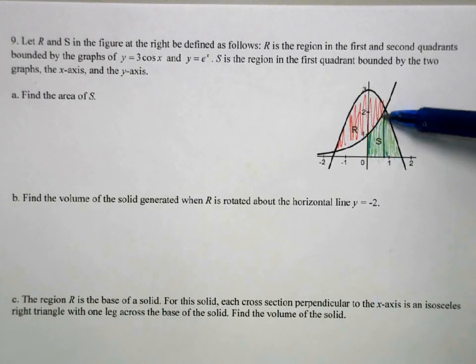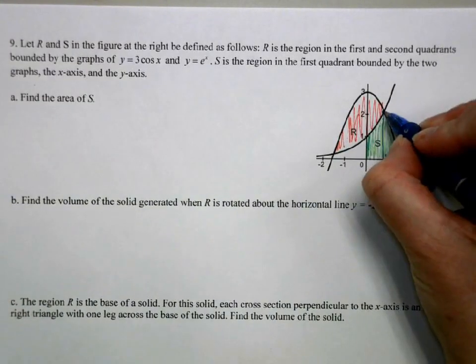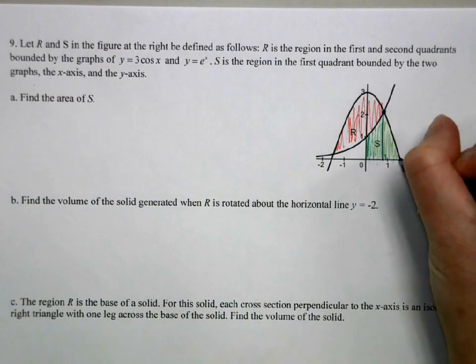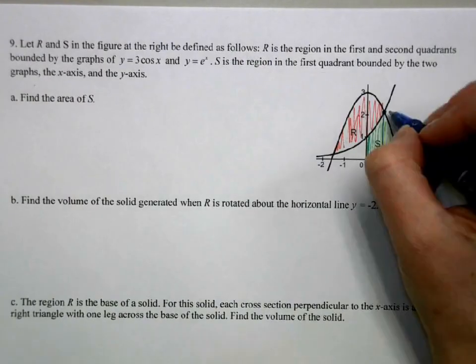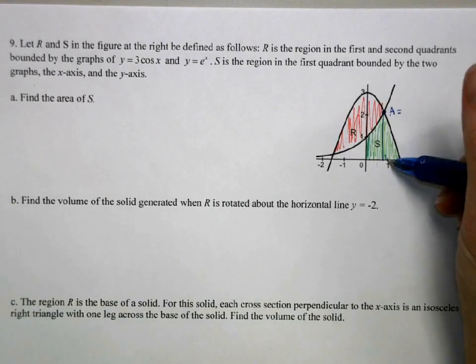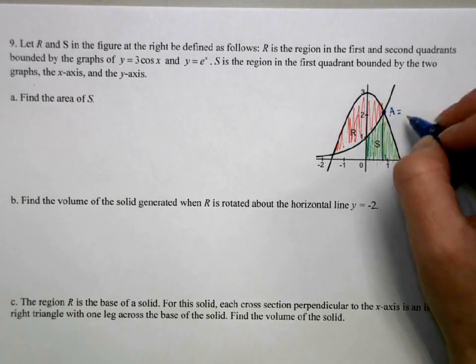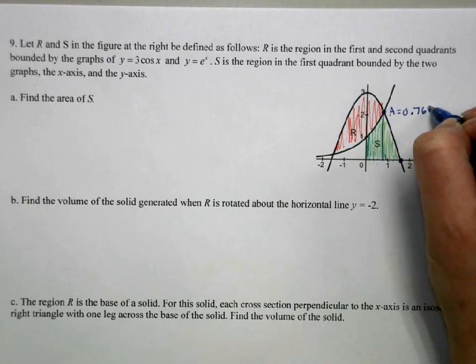So I'm going to calculate the intersection, which I've already done, and I'm going to label that as A. Don't assume it's 1. It's really close to 1. But according to the calculator, it's going to be 0.7685785. So what I did is I stored it in A.